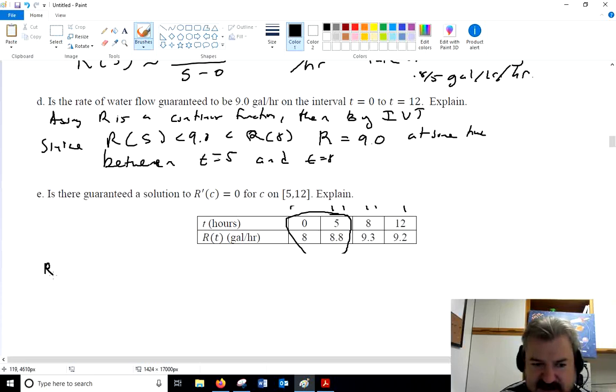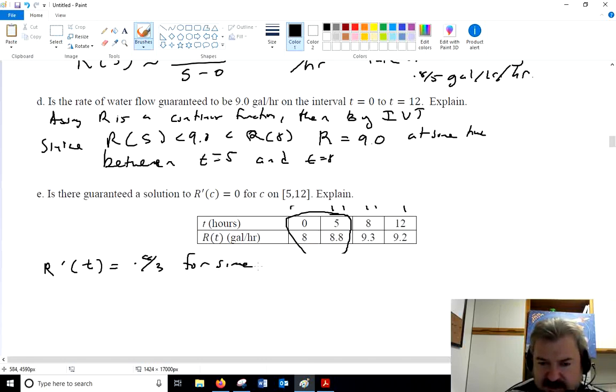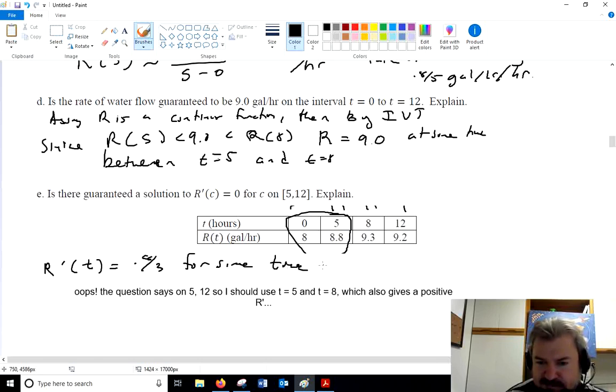But I'm going to say that R prime of t is equal to 0.8 over 3 for some time on 0 to 5 by the mean value theorem.